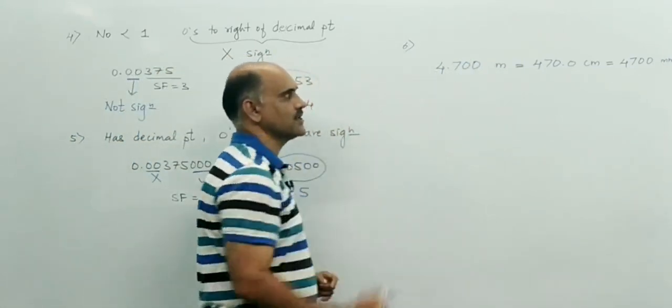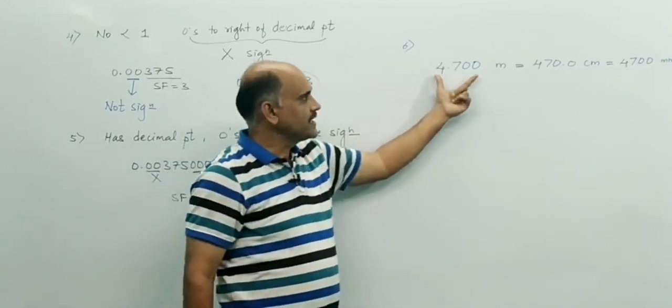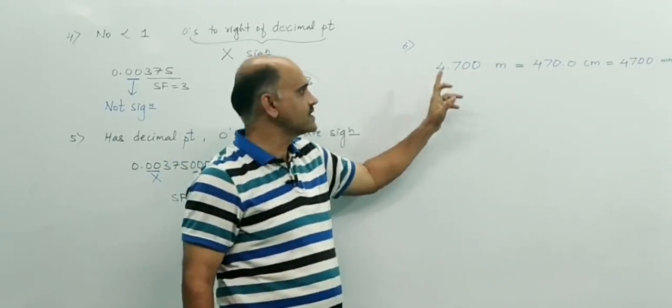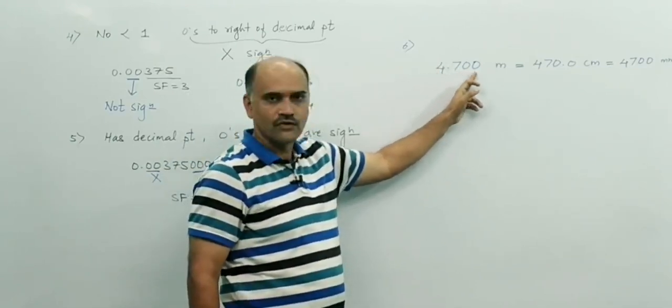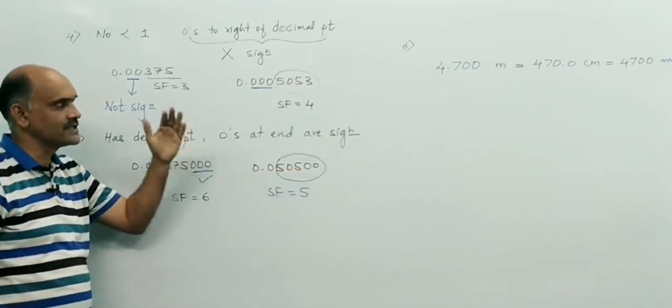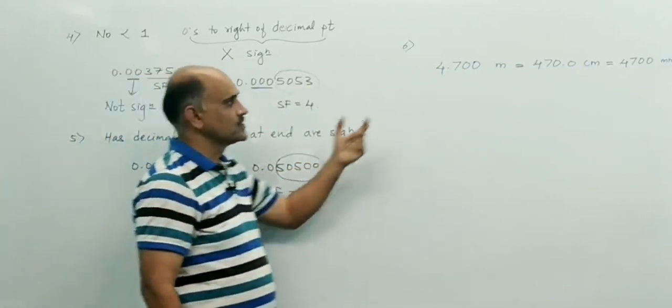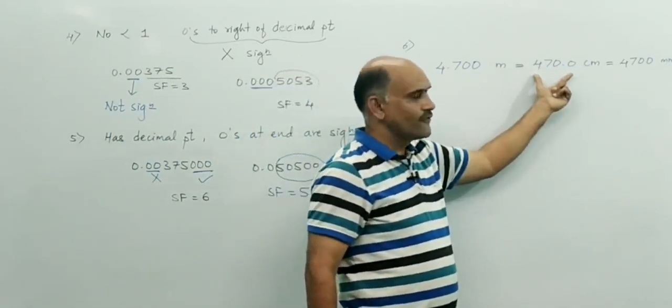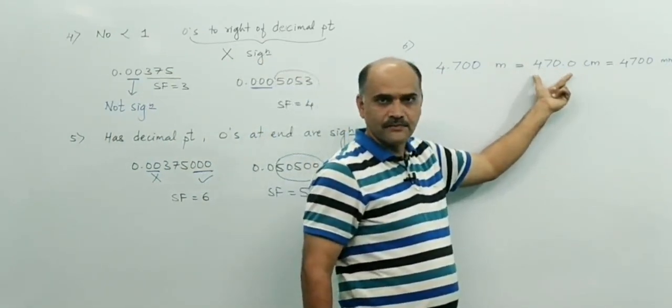Now, if you observe, here you may get confused. If you take the first term, the number of significant figures will be 1, 2, 3, 4, because zeros at the end are counted in a number with a decimal point. So here also you will have 4 significant figures.